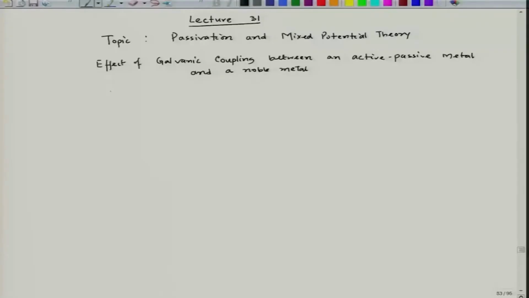And we have also understood that particular increase in corrosion rate of the active metal with the help of mixed potential theory.